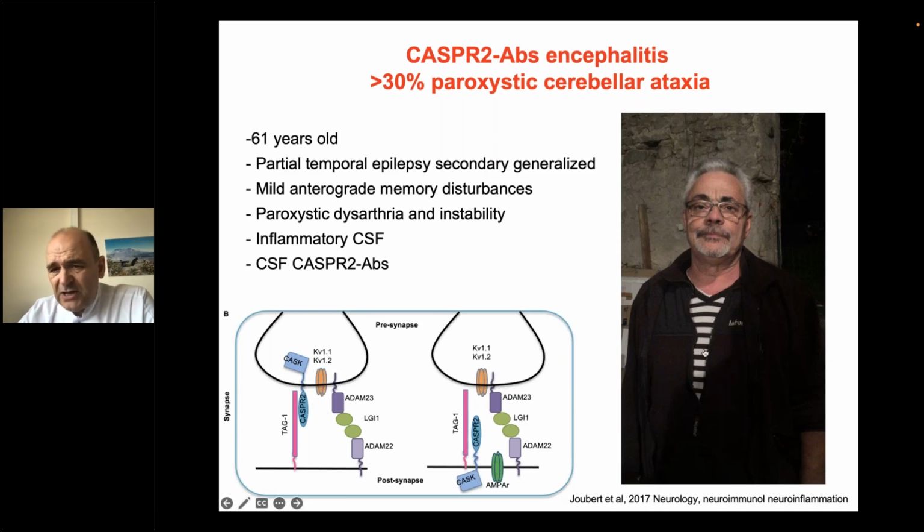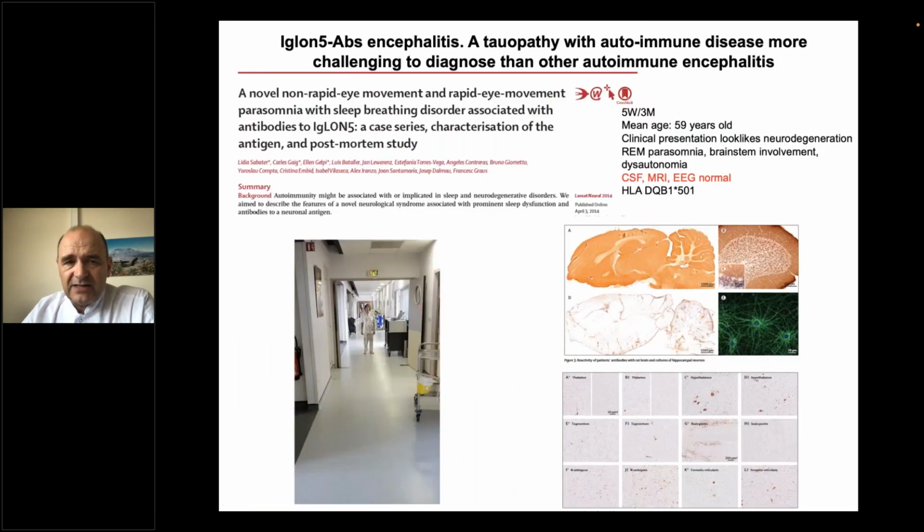We checked the potassium channel in these patients and it was normal, but we know that the role of Caspr2 is to cluster potassium channels. This patient totally improved after immunomodulatory treatment, and the cerebellar ataxia completely disappeared. And we observed that this kind of paroxysmal cerebellar ataxia can be present in 30% of patients with Caspr2 encephalitis.